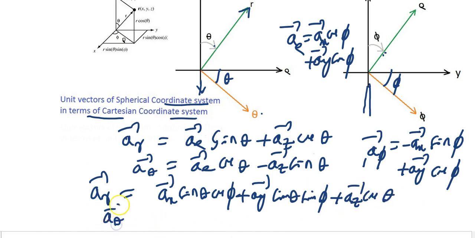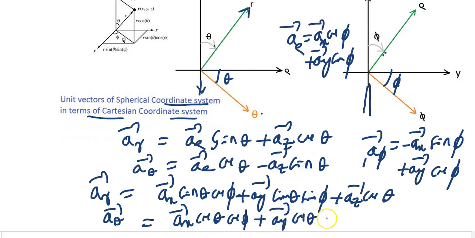Similarly, A theta you can write, A rho is this, so put these values: ax cos theta cos phi plus ay cos theta sin phi minus az sin theta, and A phi we have already written. So this is the spherical coordinate systems unit vectors in terms of unit vectors of Cartesian coordinate systems.